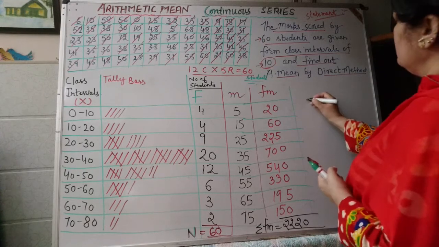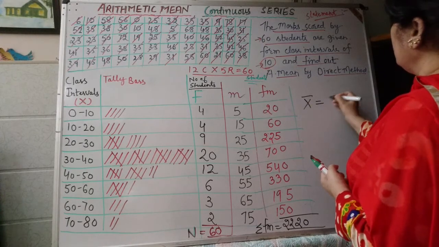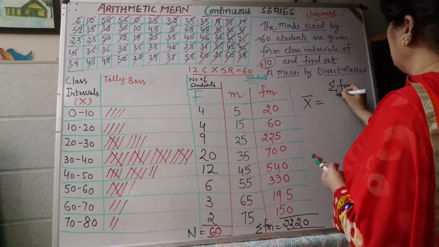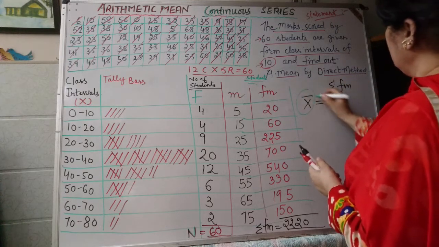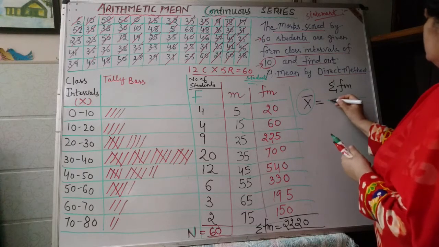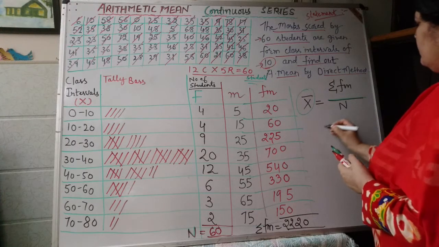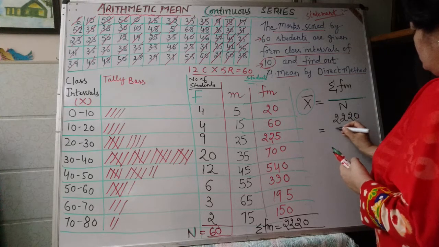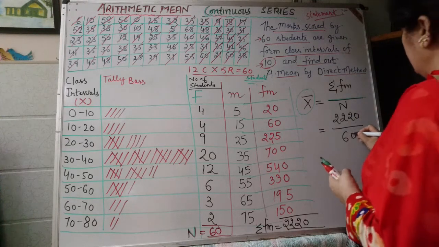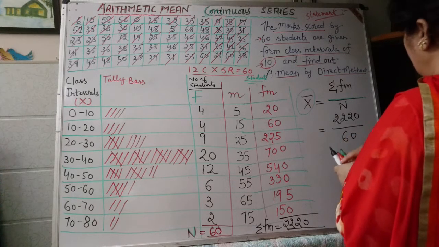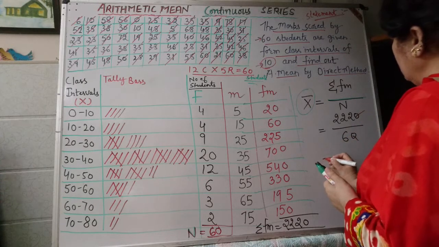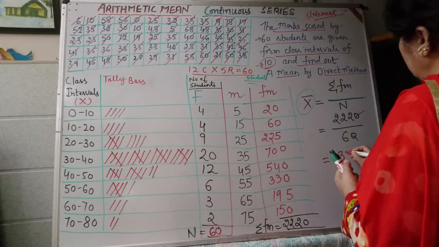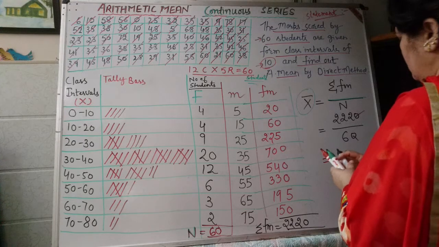Now let us write down the formula. X bar is equal to sigma fm divided by n, because we have to calculate this arithmetic mean by direct method. Sigma fm is 2220 divided by 60. The value will be equivalent to 37.